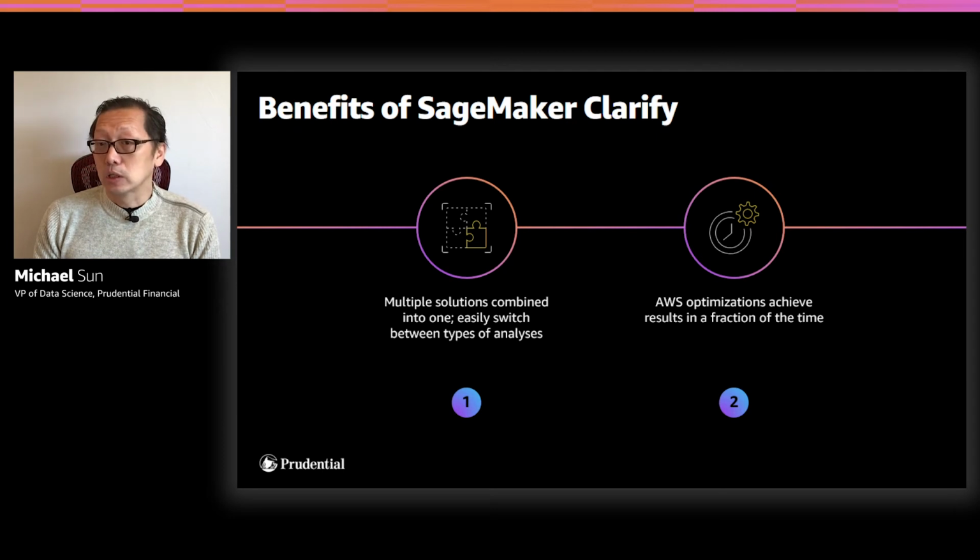First, Clarify offers multiple choices, so we can combine easily. That gives us flexibility. But also the team has done an amazing job in optimizing and parallelizing algorithms. So we found that we can get the same results in a fraction of the time it used to take. So on both accounts, I say Clarify should be a tool you should consider when you are tackling an AI explainability problem.